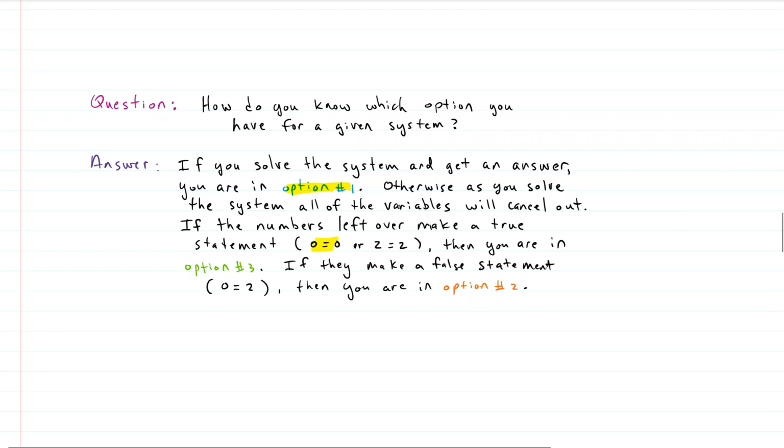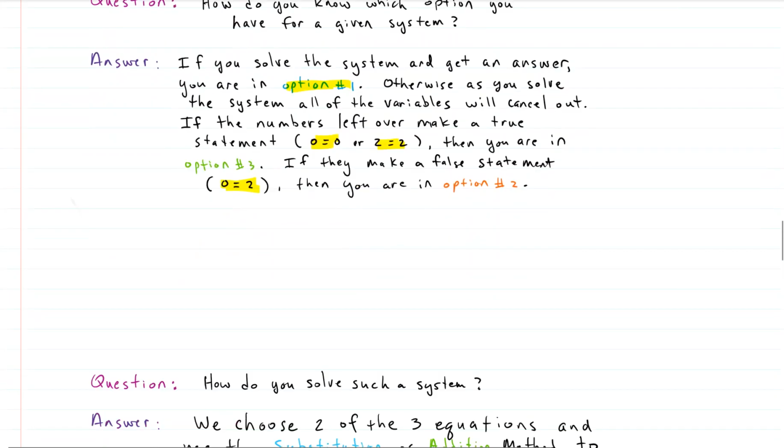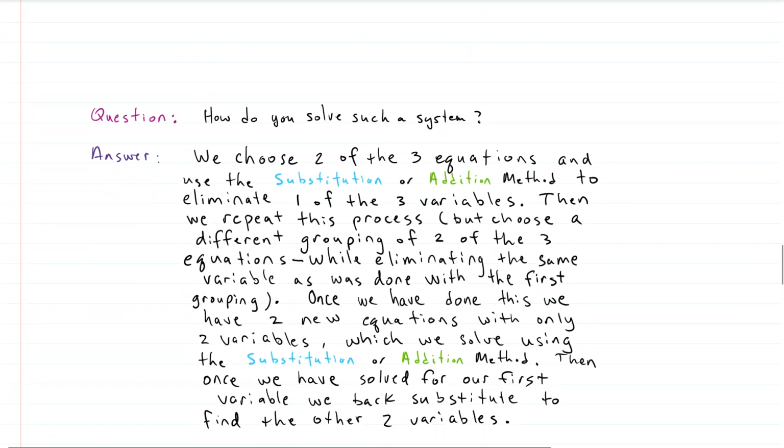If what you have left is a true statement, meaning 2 equals 2 or 0 equals 0, then you know you're in the infinite solutions option. Otherwise you're in option number 2, which is no solution. If what you have left makes a false statement, like 0 equals 2, then you know you have no solution. So that's pretty simple.